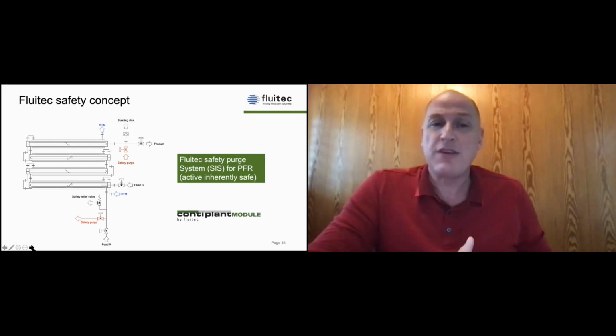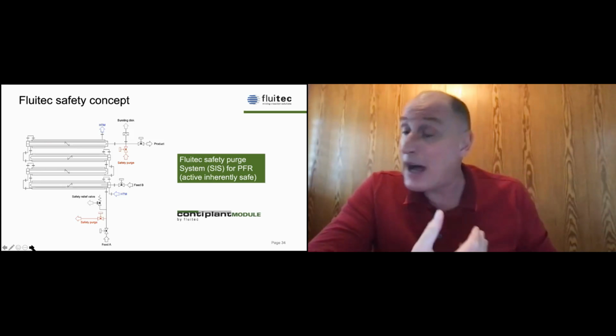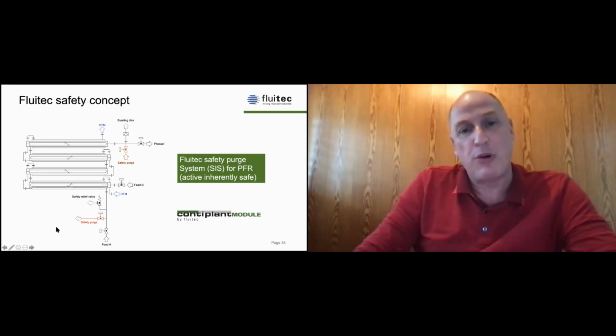And if there is some deviation, which is very well controllable with our control system, which you already have from the ContiPlant lab equipment, from the reaction calorimeter, you can just start the safety purge. This is a counter-current purging. So if we have some deviation in our reactor, we purge our reactor immediately to create a safe situation.